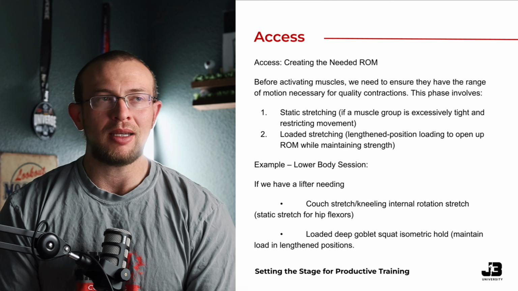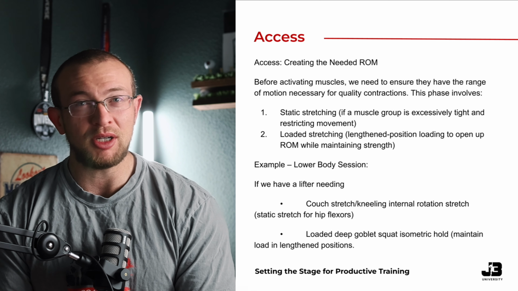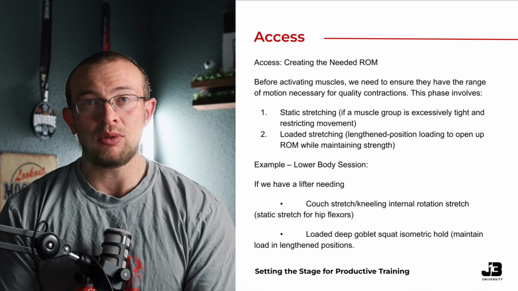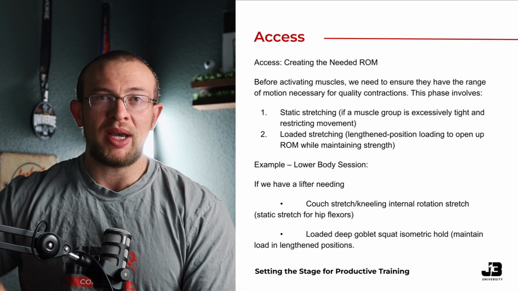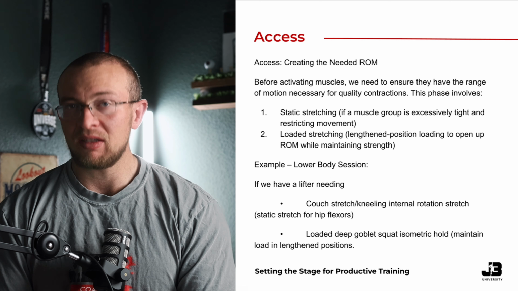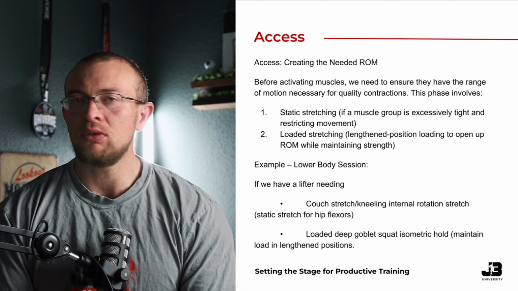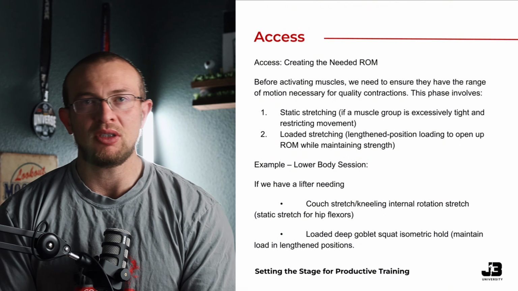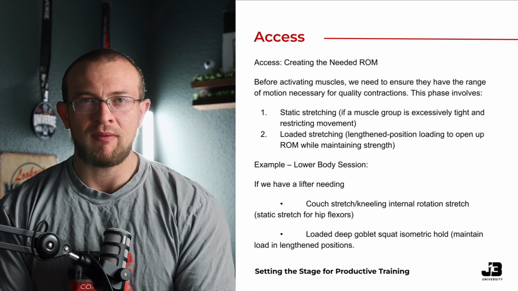I really like versions of loaded stretching to help people get into ranges that they have trouble getting into. This would be passive loading, having a load passively take you into positions. This obviously wouldn't be maximal loading, but it is a great way to improve rotation of the shoulder joint, and improve access to certain positions for squatting or whatever it might be. We're going to use this as a part of pretty much every session.